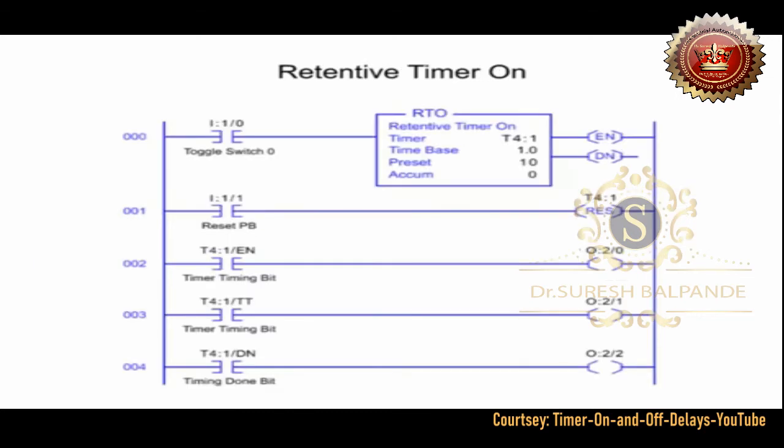For applications requiring the accumulated time to be retained if there were a system fault or the rung condition goes false, a retentive timer on is used. The retentive timer on is enabled and begins timing when the input conditions are true.